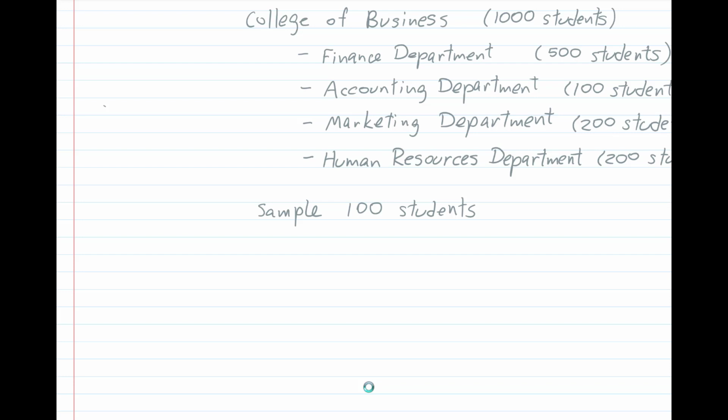How much of the college is in the finance department? Half of the college, right? So, if my sample is 100 students, and I want it to reflect the correct proportion of finance, then how many finance students would I want? I would want to choose 50, right?